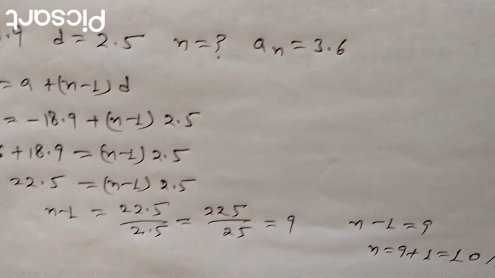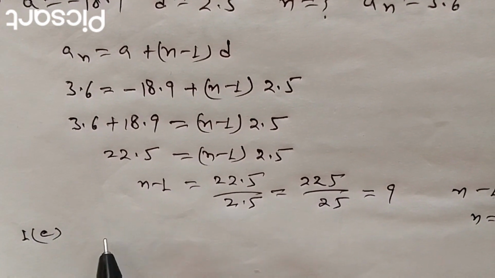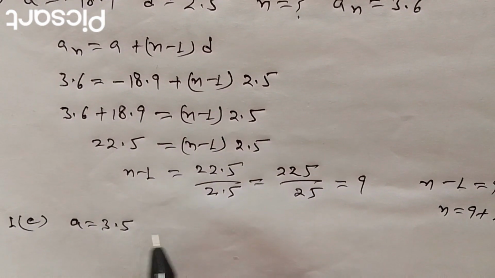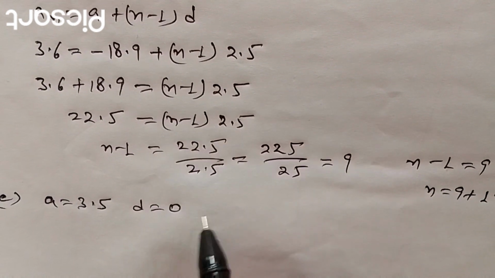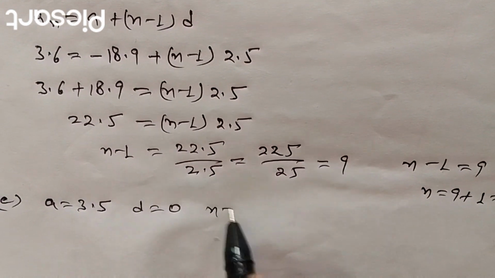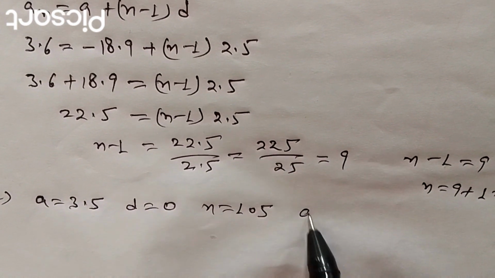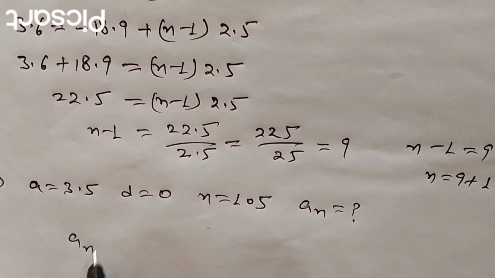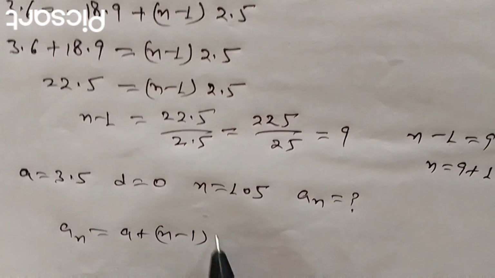Now the last part of the first question, in which we are given a is equal to 3.5, d is equal to 0, then n is 105, and we have to calculate an. The formula is an is equal to a plus n minus 1 d.